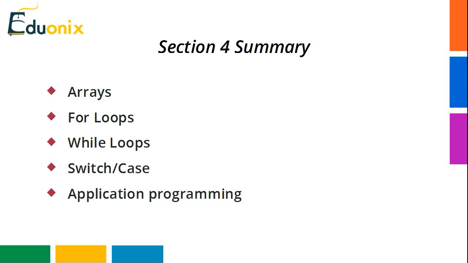There is also the option of an else statement, which will allow you to execute code in the event that the condition tested for by the if statement is not met. And the switch case statement has a similar option, called the default statement, and that will allow code to be executed if none of the other conditions are met.